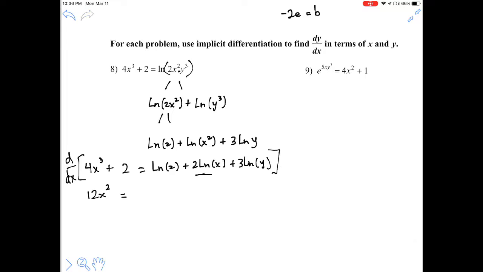The derivative of 2 times natural log of x is 2 times 1 over x. And then the derivative of 3 times natural log of y is 3 times 1 over y times dy/dx.